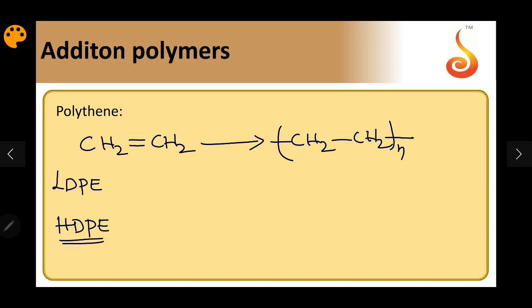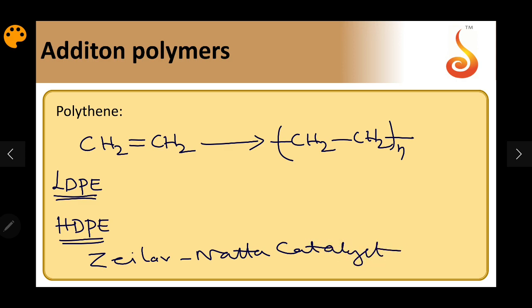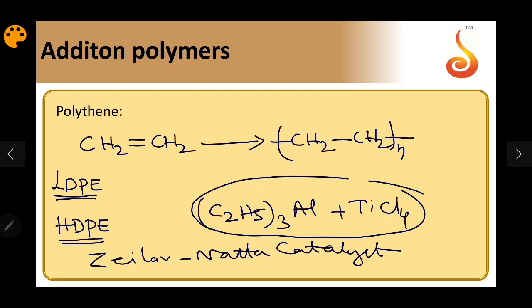Preparation of LDPE is catalyzed by peroxides, and HDPE is prepared by what is called the Ziegler-Natta catalyst. Ziegler-Natta catalyst is triethyl aluminum and titanium tetrachloride, so (C2H5)3Al plus TiCl4. This is the catalyst used in production of HDPE.